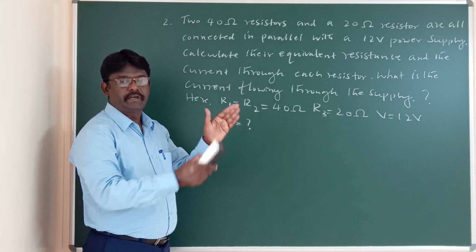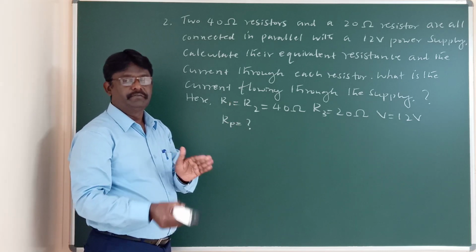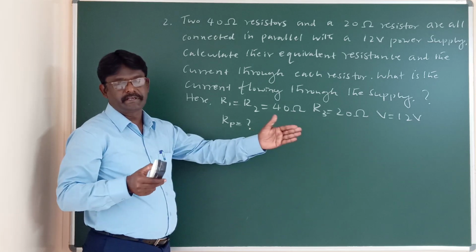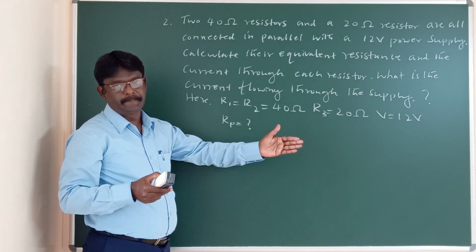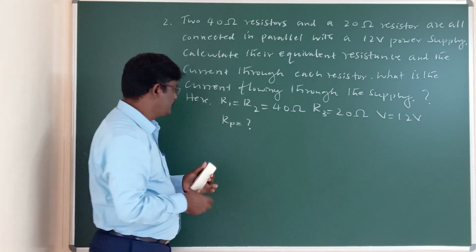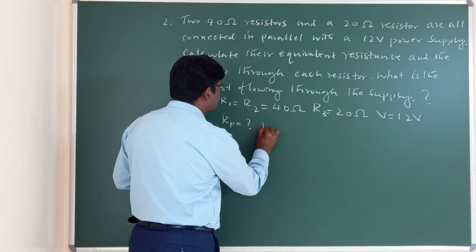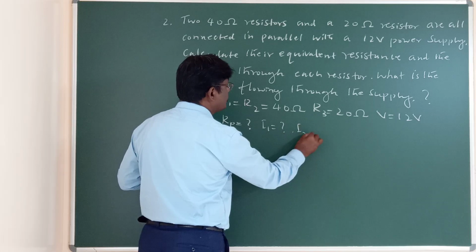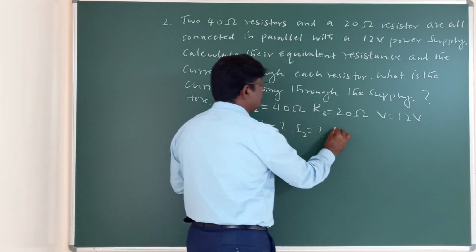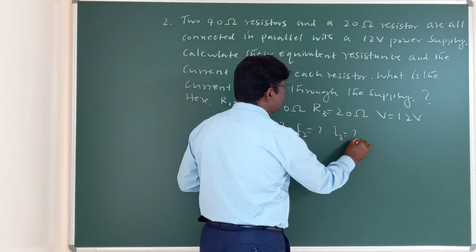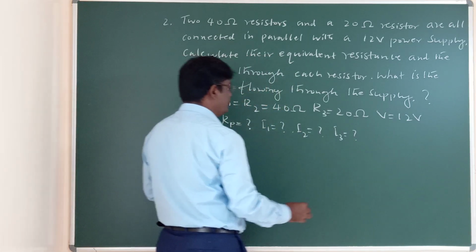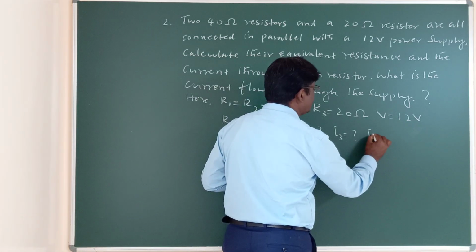It deviates into I1, I2, I3. The potential difference will be the same because they are connected to common ends. So we have to get the current through each, I1, I2, I3. Not only that, also the current flowing through the supply, meaning the total current I.